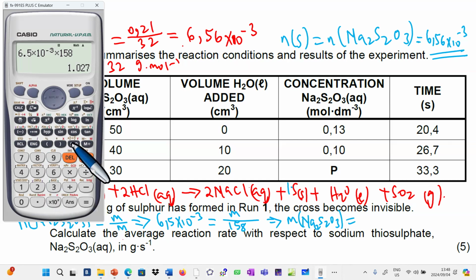So the mass would be about 1.03. Or you can use the accurate number of moles: 0.21 divided by 32, times 158.